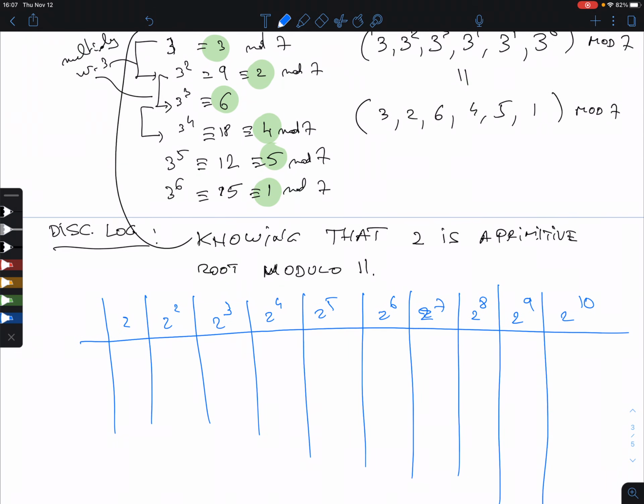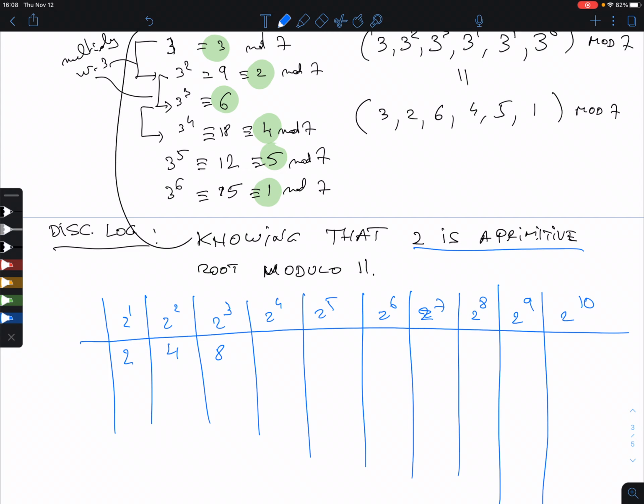How far should I go? Professor, you can stop. You have exactly 10, 1 less than 11. So what I'm claiming now is, since 2 is a primitive root, every number between 1 and 10 is going to appear here exactly once. I can tell you what this one is, and this one, and this one, but for the rest I have to start calculating a little bit.